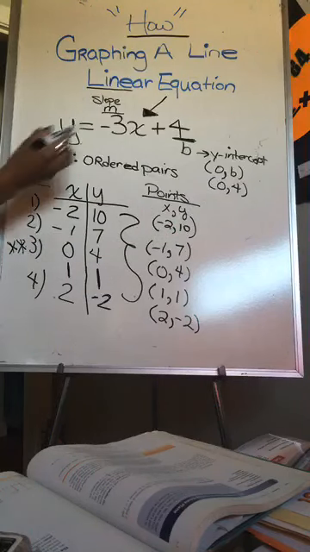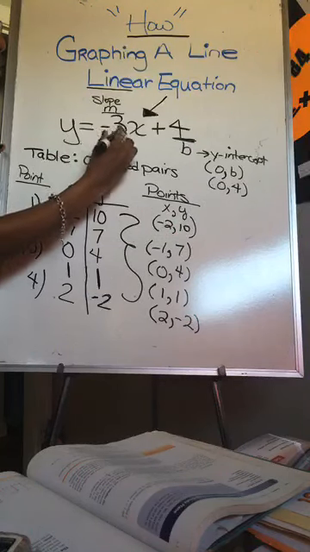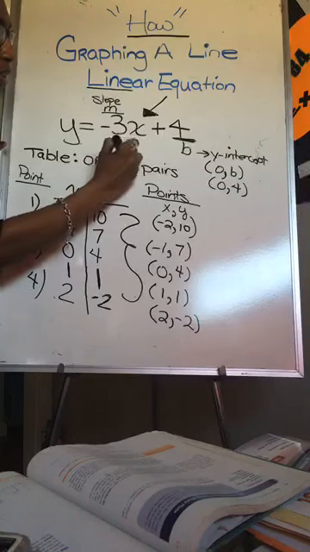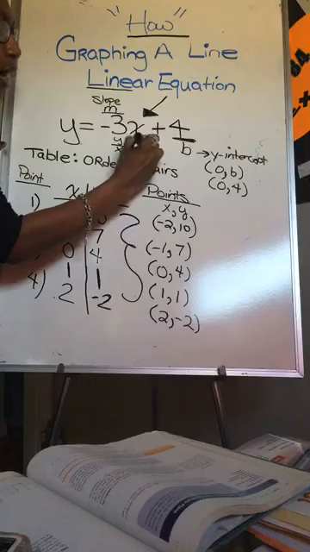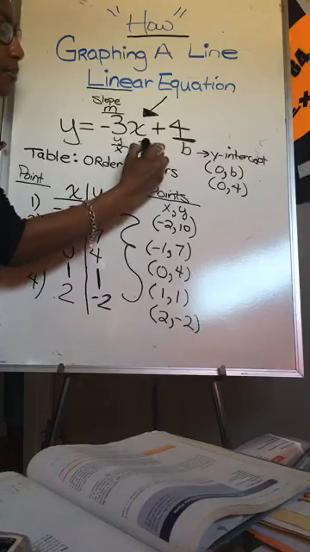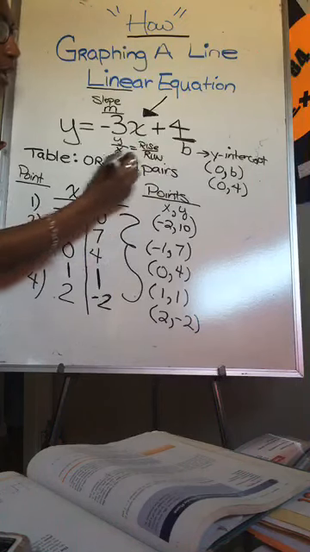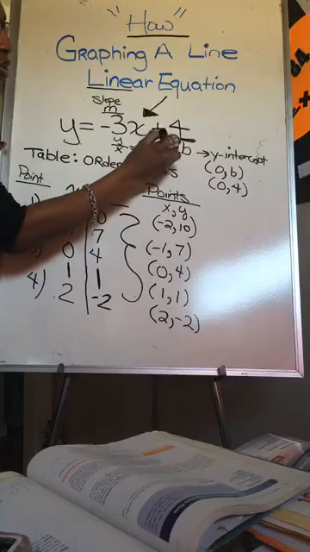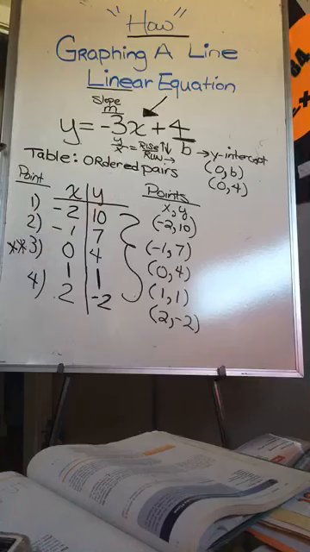And remember, your slope tells you how many places you rise. It's your y over your x, your rise over your run. You run over x, and either you rise or you fall on the y-axis.